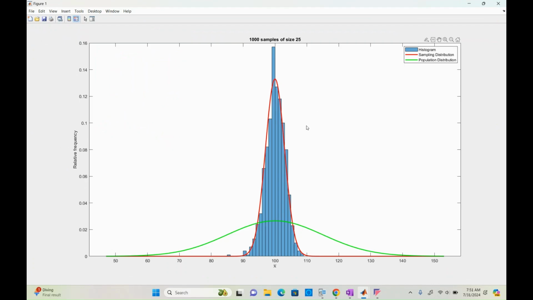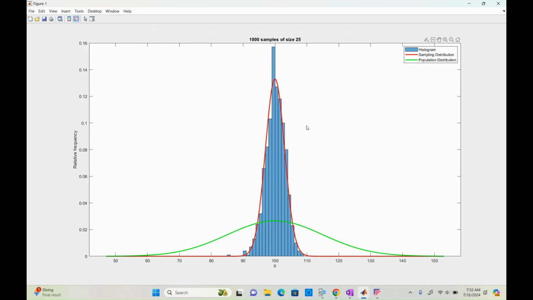Here we are. Okay. So now you can see that that histogram does seem to be relatively normal. And so the idea is if we were to continue to take samples of 25, find the average of those samples, and then add them to this histogram, it's going to look more and more like that red curve there, that normal distribution.